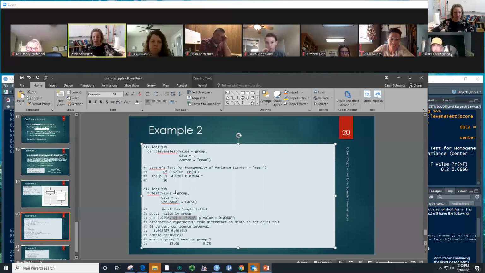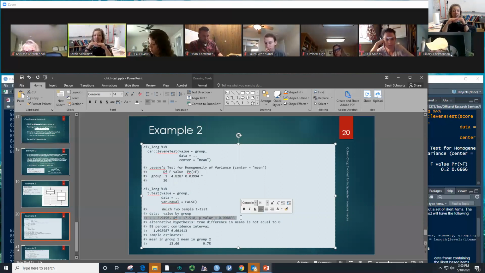Okay, so because Levene's test found significant violations of homogeneity of variance, we decide to do a Welch's t-test. And what are the results of this t-test? Is there evidence that the groups differ in terms of the average?